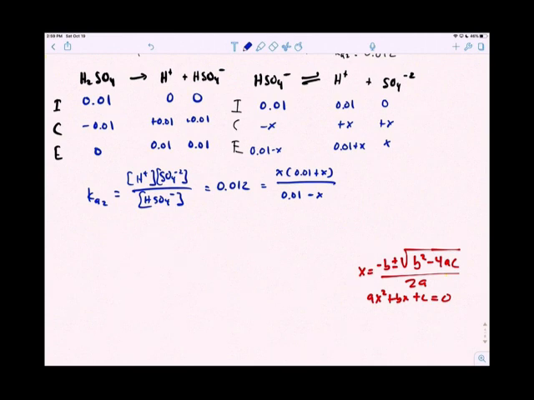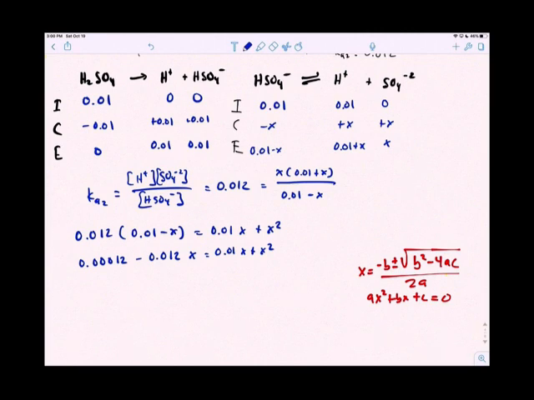So that means, keep on going, 0.012 times the quantity 0.01 minus x equals, I'll go ahead and write this x, okay, 0.01x plus x squared, and so this is going to be 0.00012 minus 0.012x equals 0.01x plus x squared. So then you have to add that to both sides.